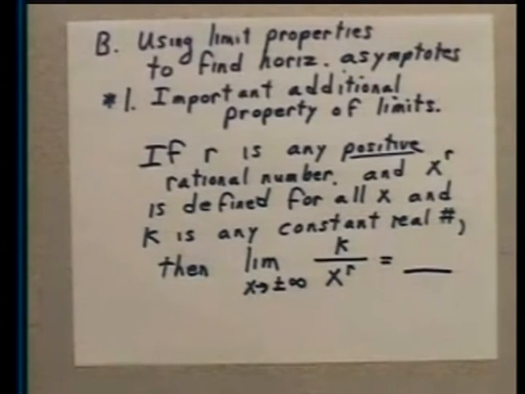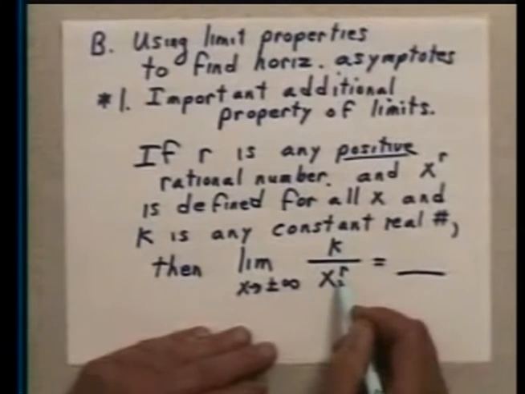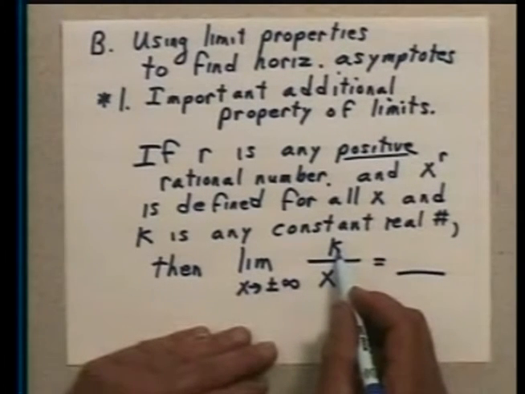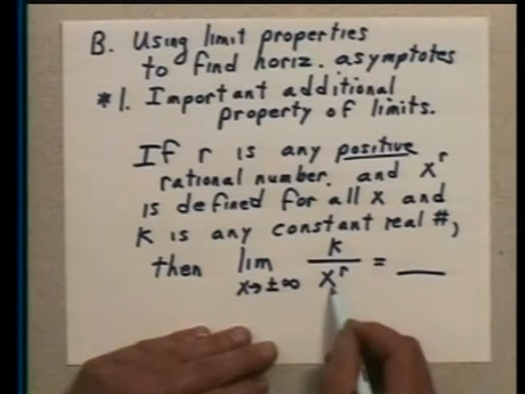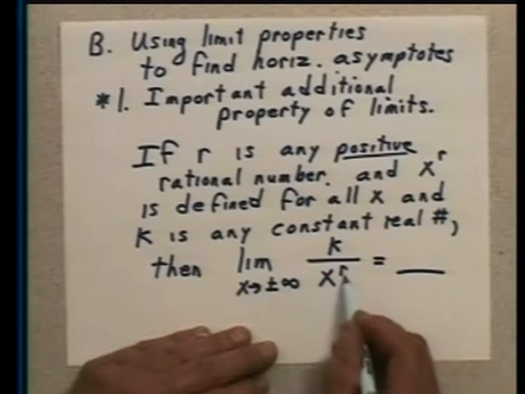Now let's think about that logically. This is a fraction, right? The top stays constant, never changes. What's happening to the bottom as x heads for either infinity or minus infinity? Well, as long as r is a positive real number, then the denominator is doing what? Going up?